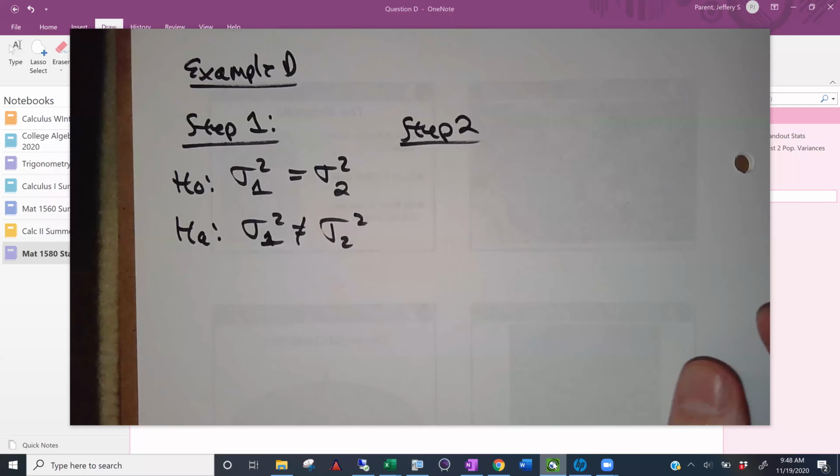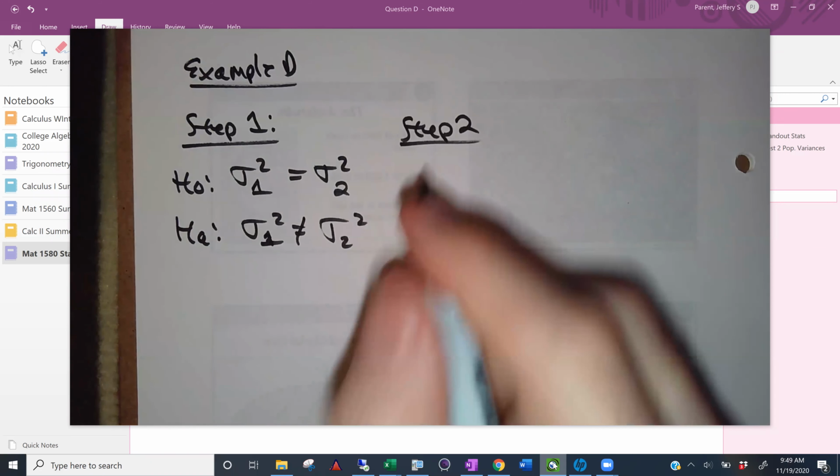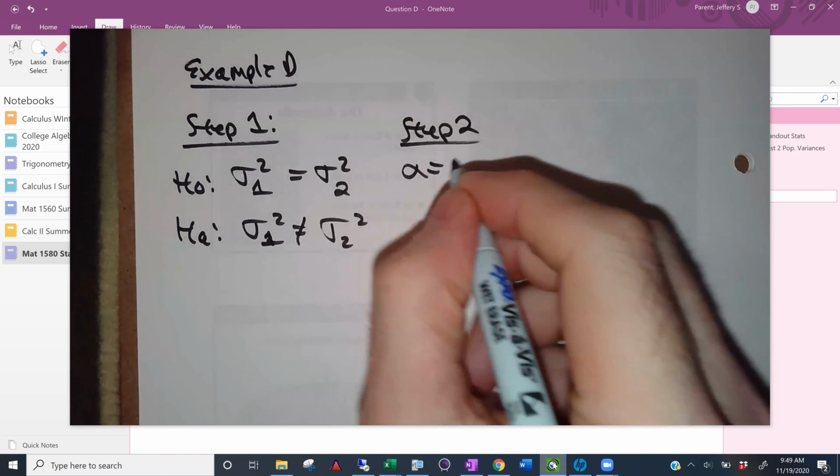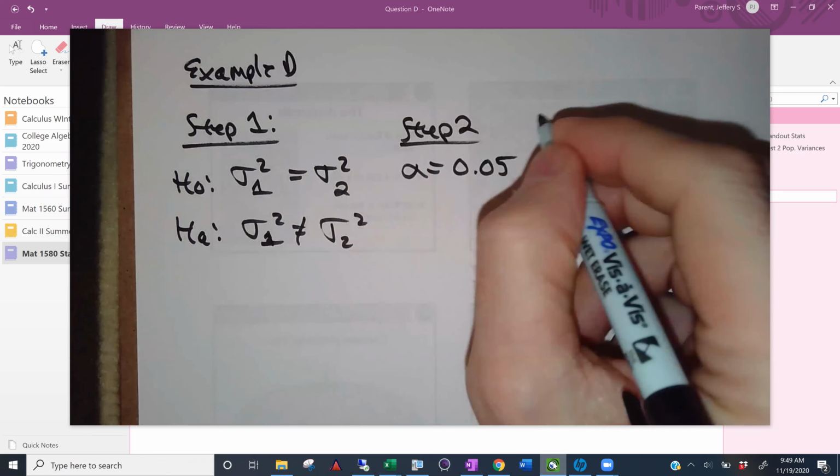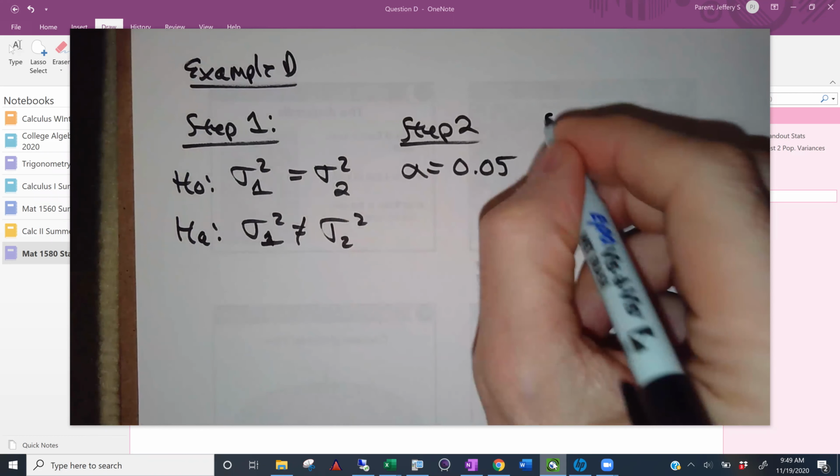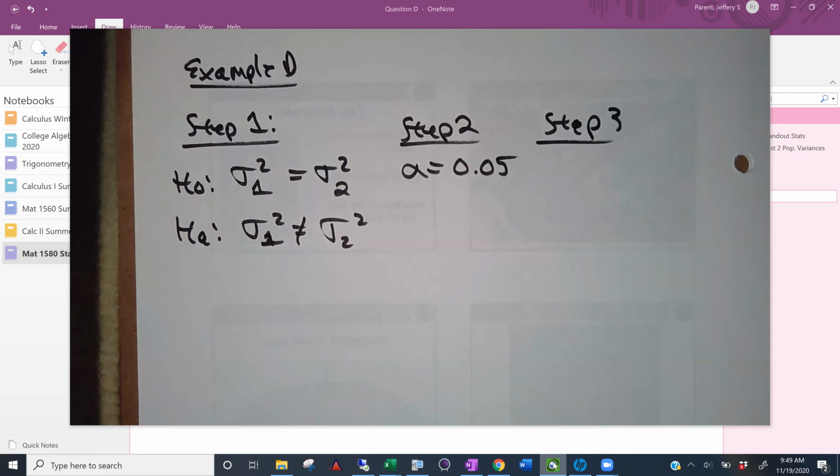Somebody help me out with step 2. What's step 2 going to be? Identify alpha. Awesome. Alpha was 5%. Now step 3 is put in the data. So let's at least gather some summary statistics from here.